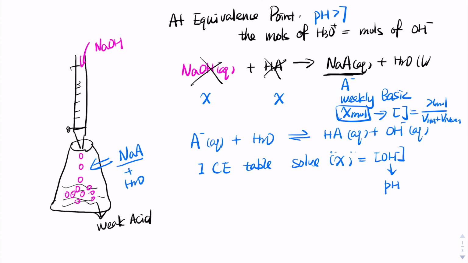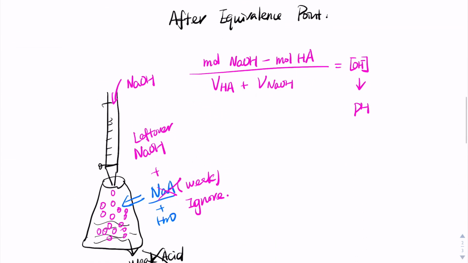So you set up the ICE table and solve for the salt. After equivalence point it's the same as strong, because the conjugate base of the weak acid is weak compared to a strong base. So you can ignore it, just calculate the regular way, and you'll be able to get the pH at the end.